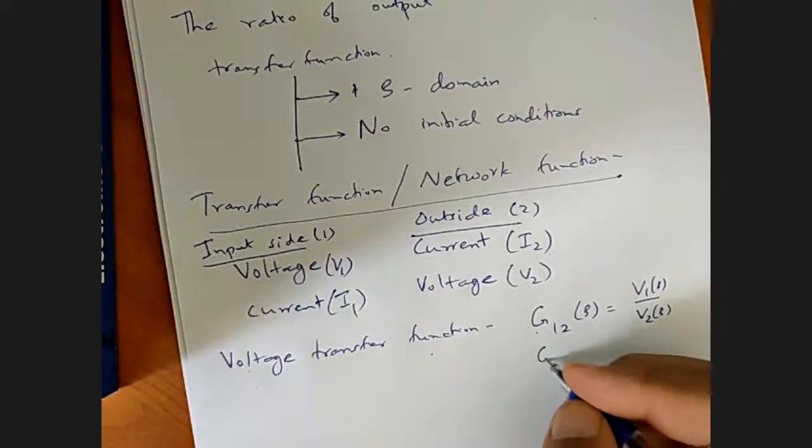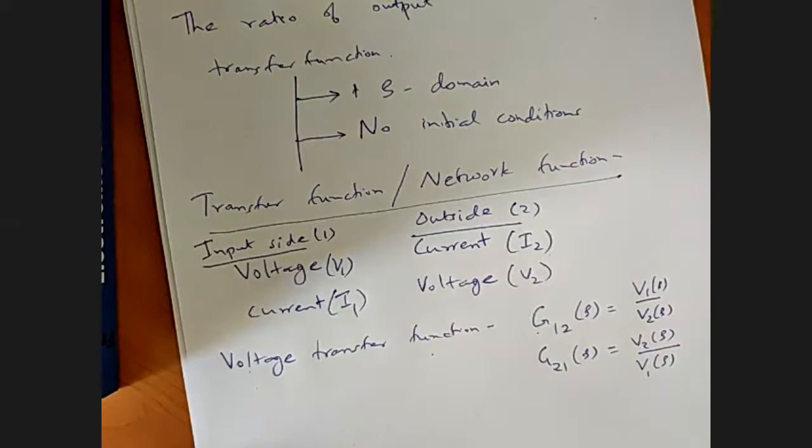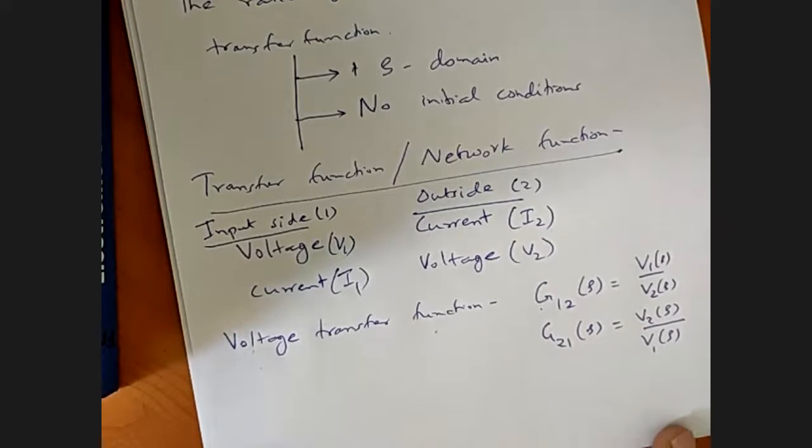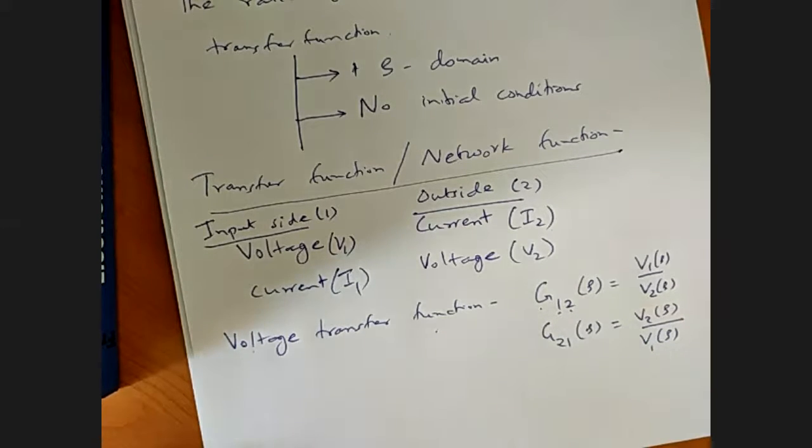And it can be G21, then it will be V2 by V1. So voltage transfer function is the ratio of voltage from one side to another side. It can be G12 or G21; it indicates the first element and second element.